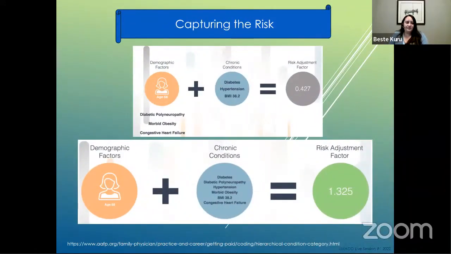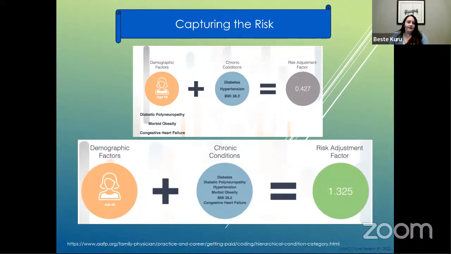This is a very simple summary of how we are capturing the risk of the patient. The example I had was from a presentation by AFP. This is a patient, 68 years old, diabetic, with polyneuropathy, morbid obesity, and congestive heart failure.